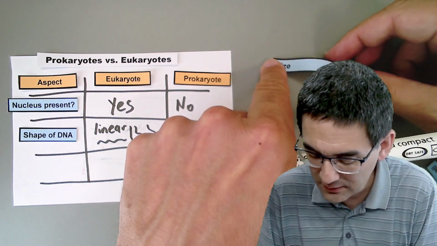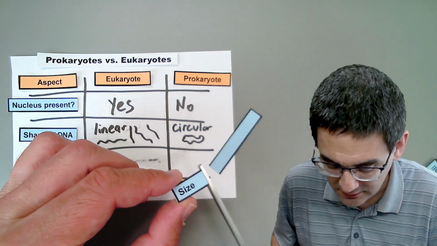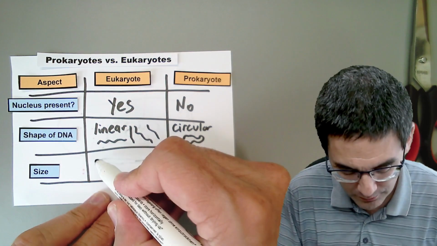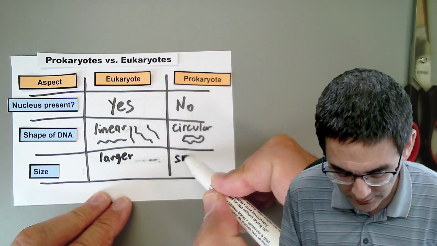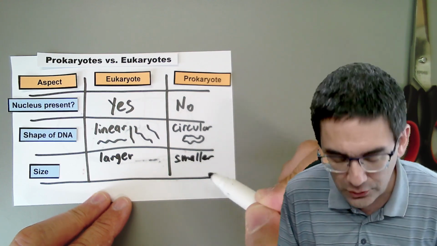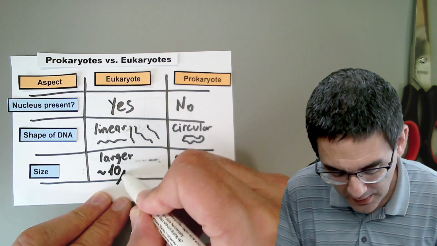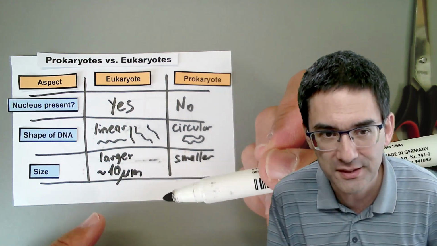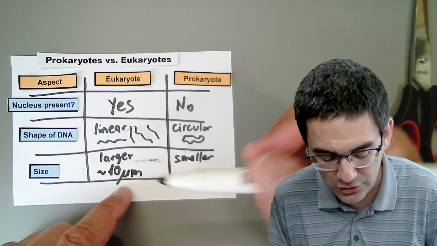And the last important difference is the size. The size of a eukaryote is larger, and a prokaryote is smaller. So I'm going to also tell you the size. It's approximately 10 micrometers long across. I'll be talking about the size and size calculation in another video, but that's this U with a long line over here.